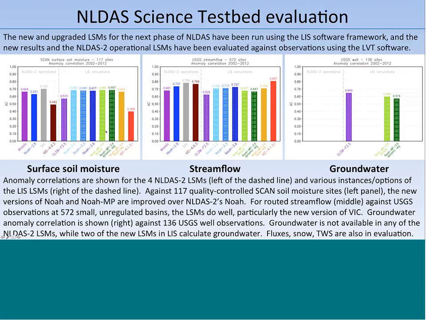You can see here that we've got the Catchment model, that's the purple, and we have different versions of Noah all the way from 3.2 to 3.6, and they all behave pretty similarly in terms of soil moisture. Then we've got the Noah-MPs. We have 3 different versions of Noah-MP with different physics options. The one that is the most similar to the default is this yellow-orange line.